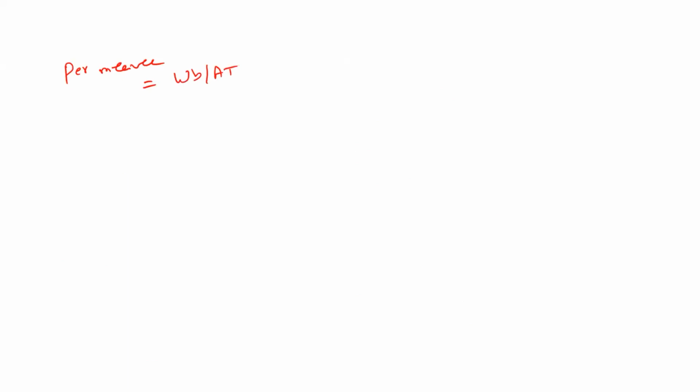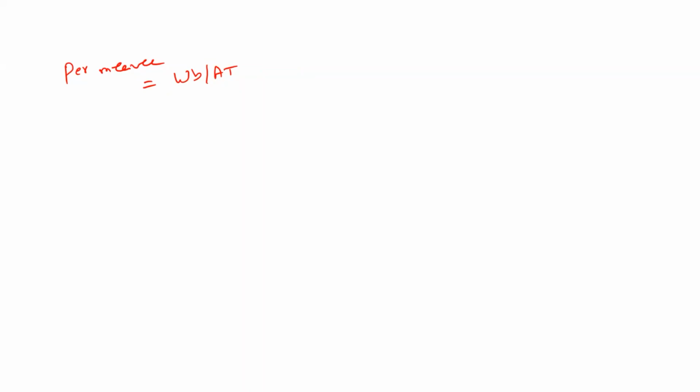Sir, what is permeance? It is the reciprocal of reluctance. In other words, it is the measure of the ease with which flux can pass through the material. So how easily the flux is flowing, that is permeance.